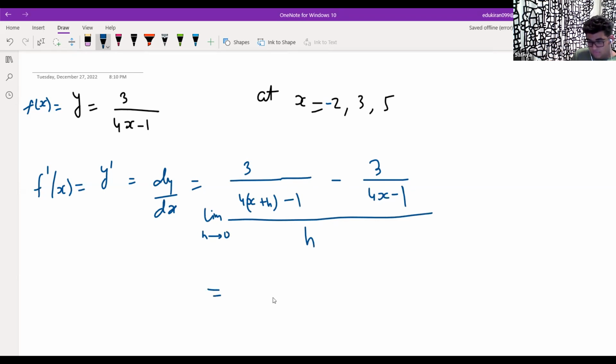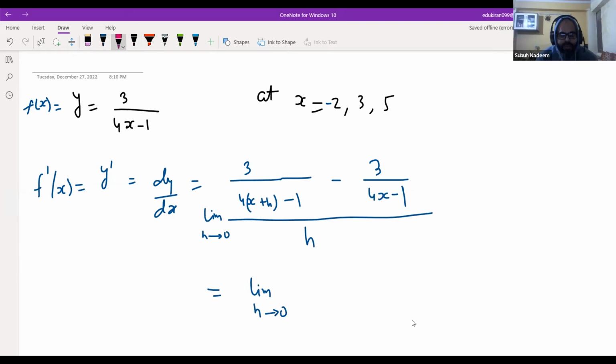I took the denominator the same. On the numerator, I multiplied one numerator with 4x minus 1 and the other numerator with 4x plus h minus 1.